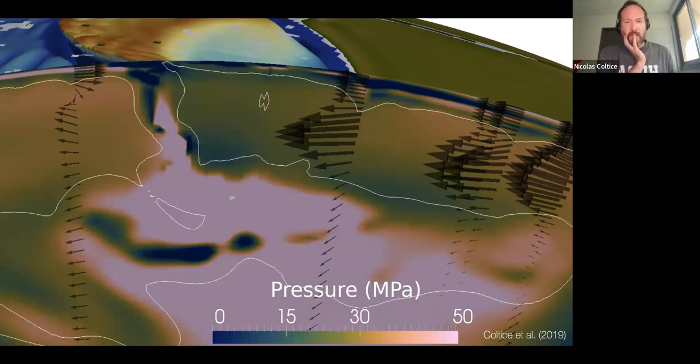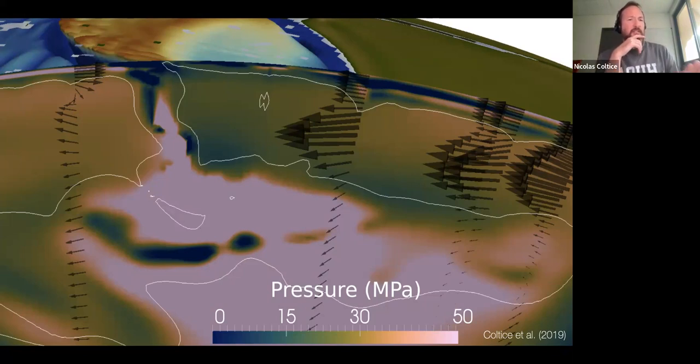What you have in white is a contour just to show a sort of slab here. So on the left side, you can maybe see a trench with a slab going down. And on the right, you have a continent. And between the continent and the trench, you have a back arc system.